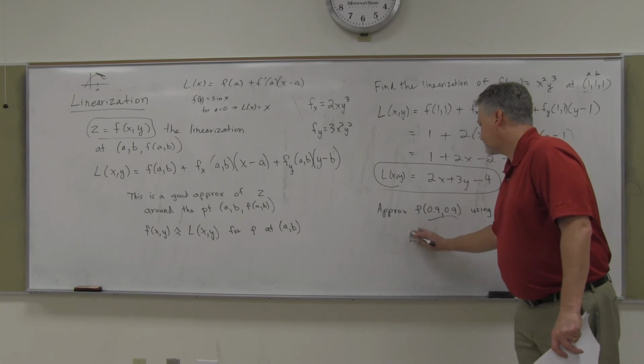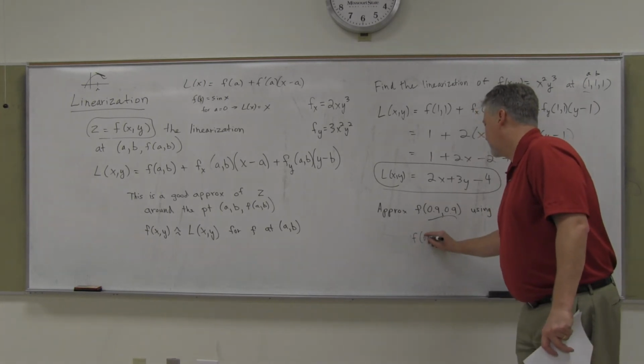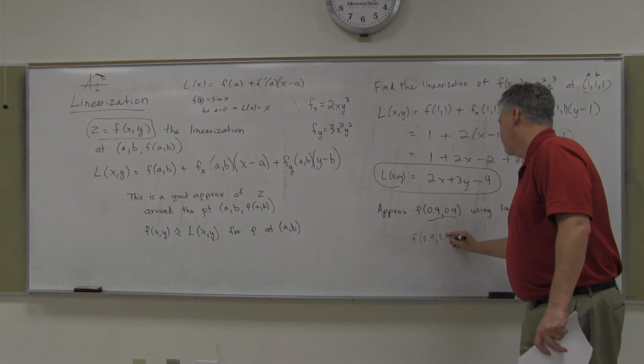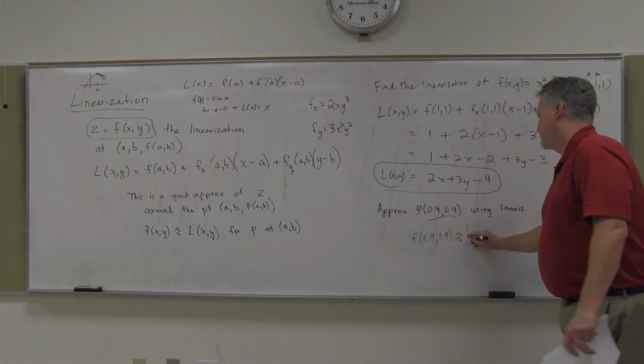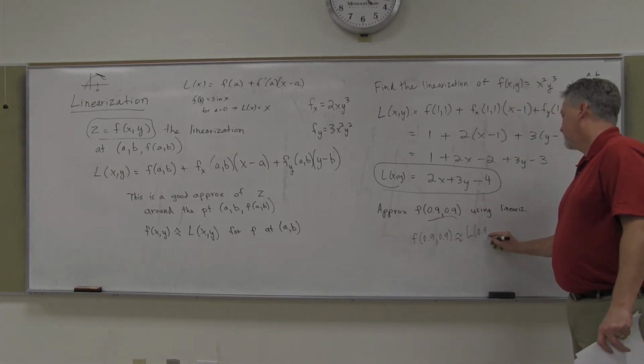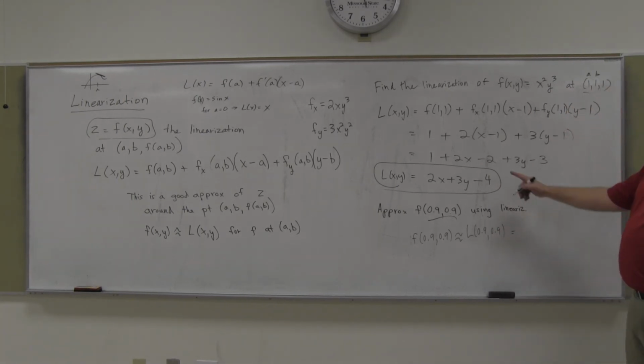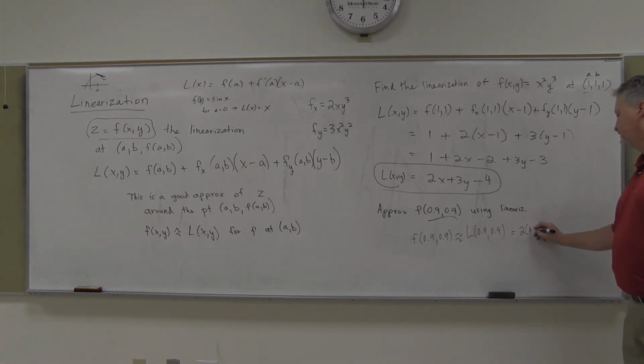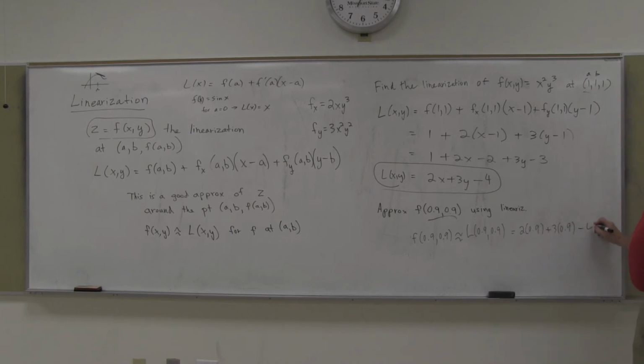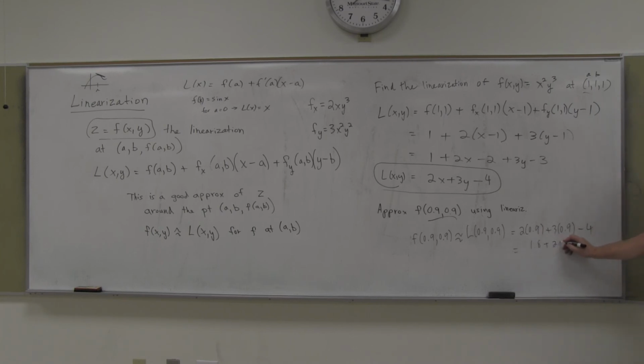So f of 0.9, 0.9 is approximately equal to L of 0.9, 0.9, which is 2 times 0.9 plus 3 times 0.9 minus 4: 1.8 plus 2.7 minus 4.